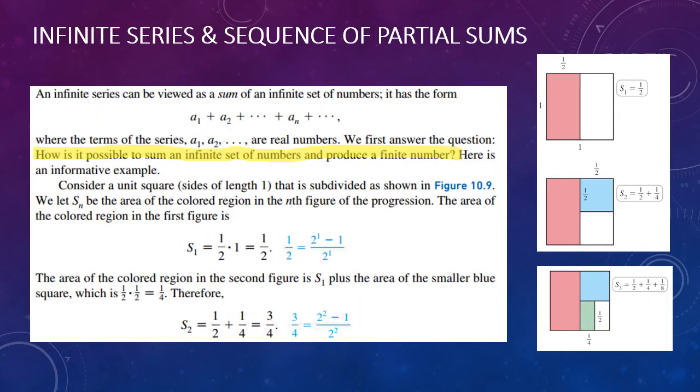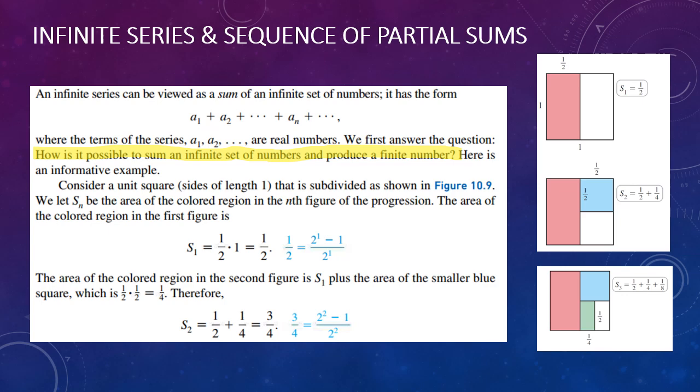So now let's switch over to the concept of infinite series. Remember that an infinite series is viewed as a sum of an infinite set of numbers. It has the form a sub 1 plus a sub 2 dot dot dot plus a sub n continuing on, where the terms of the series, a sub 1, a sub 2, are real numbers.